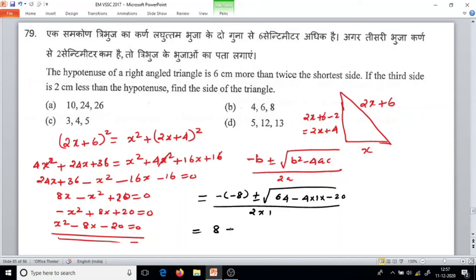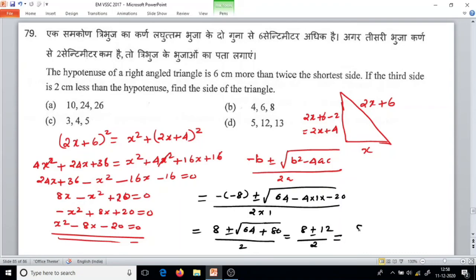That gives 8 plus or minus square root of 64 plus 80, divided by 2, which is 8 plus or minus square root of 144.